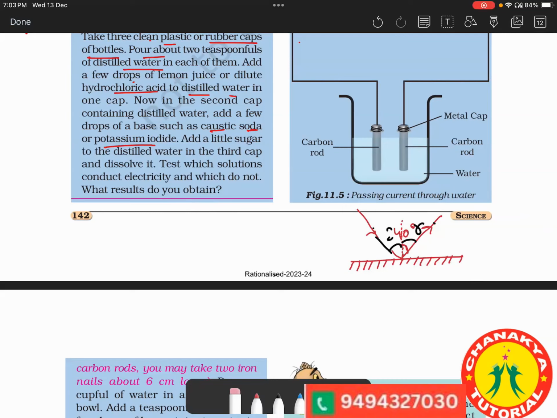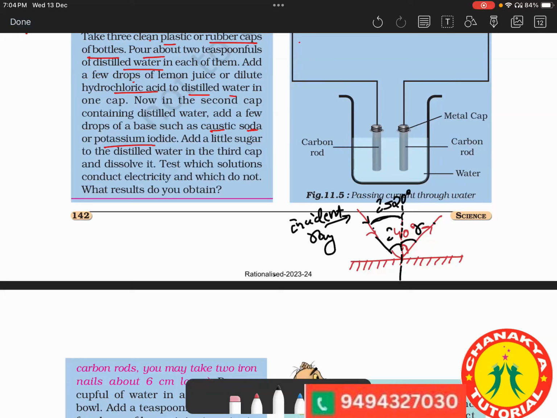Not the normal and reflected ray. The angle which you are saying is 20 degree is between the incident ray, this is the incident ray, and this is the normal, the perpendicular line. The angle between incident ray and normal is 20 degree.